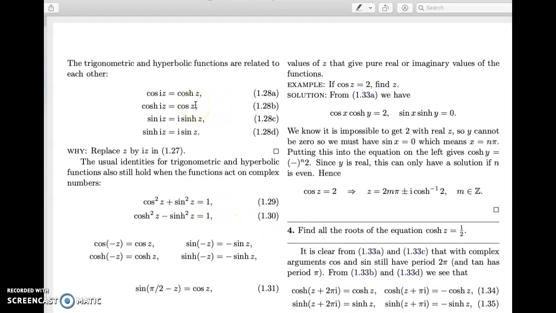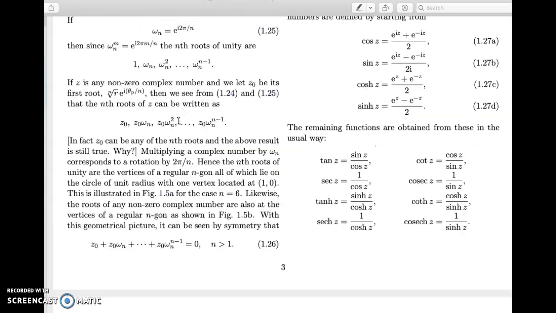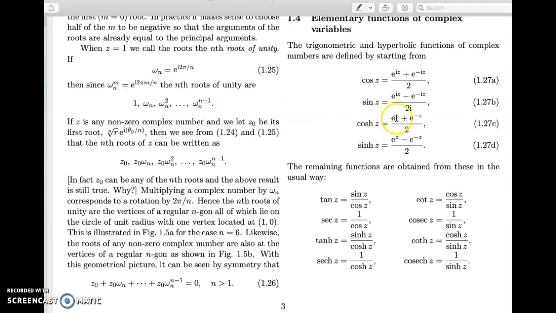So the trig and hyperbolic functions are actually related to each other if we consider complex variables. This is fairly easy to see. All you have to do is replace z by iz in these formulae. So if you replace z by iz, cosh iz gives you e to the iz plus e to the minus iz over 2, but that's precisely what cos z is.